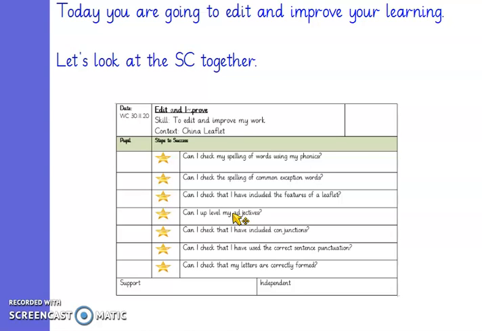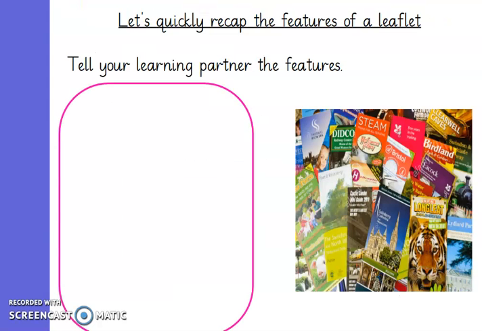I'm going to check that I've included conjunctions. I'm going to check that I have used the punctuation I need to use. And I'm going to check that my letters are formed correctly, so that I've done my best handwriting and no letters are backwards or formed incorrectly by mistake.